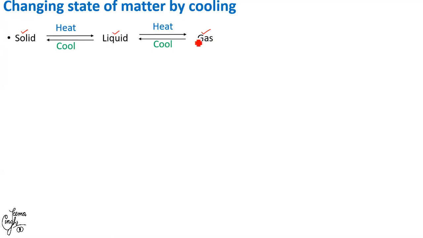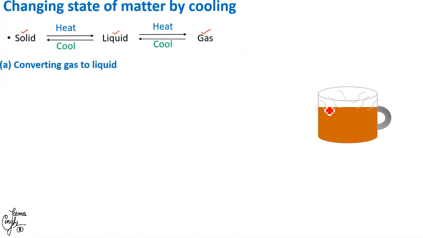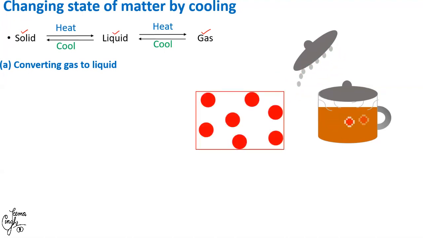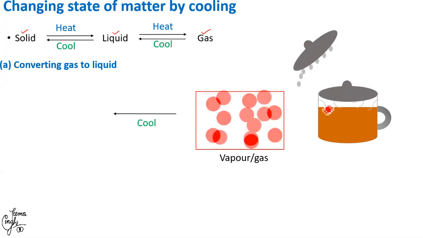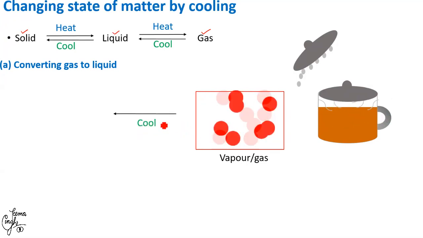For example, you would have observed if a glass of hot milk or tea is covered with a lid and the lid is lifted after some time, tiny droplets of water are formed on the inner surface of the lid. This happens because when hot water vapor present in tea or milk touch the cool surface of the lid, they lose their kinetic energy.